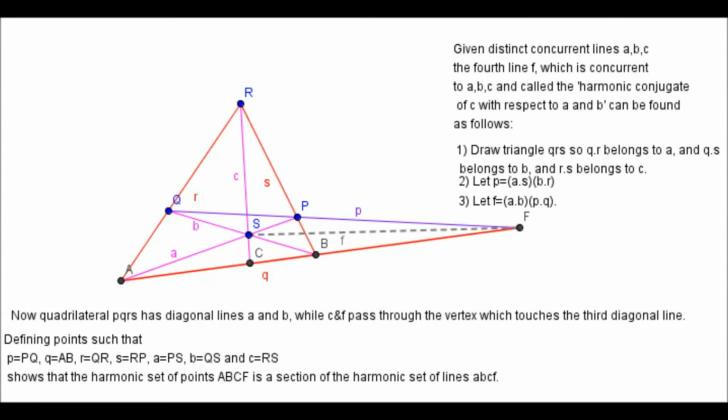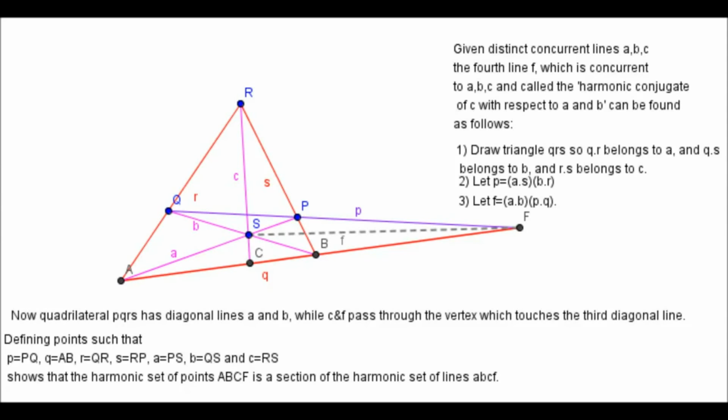And when we do that, we see that the line little p is the line linking points big P and big Q. The line little q is the line linking points big A and big B, and so on and so forth. You can see I've written how the lines relate to the points here.